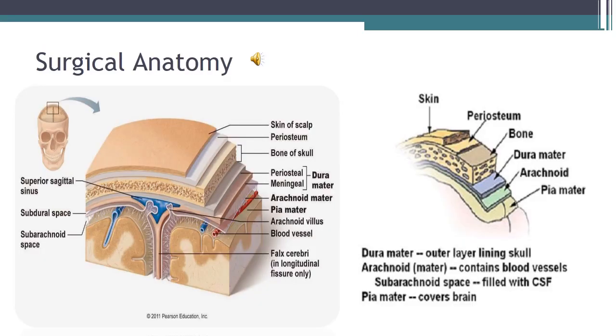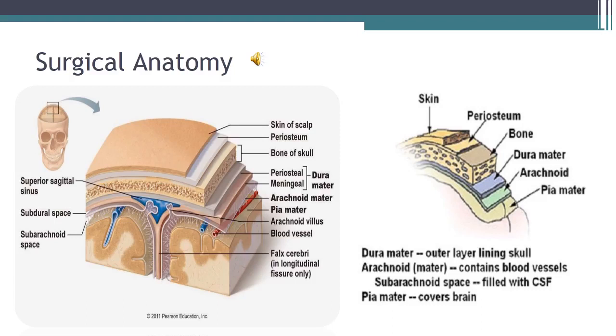In order to know the pathophysiology of traumatic brain injury, we have to go back to the surgical anatomy. You can see in this picture that the skull is composed of layers: first the skin, the periosteum, and then the bone of the skull, and underneath there is the dura mater, which is composed of a periosteal and a meningeal layer.